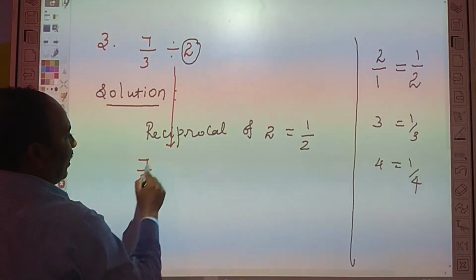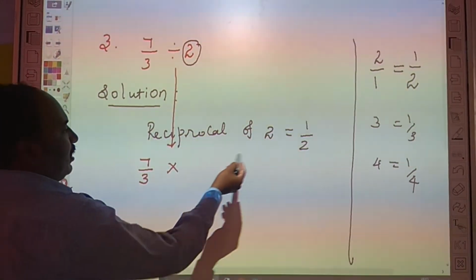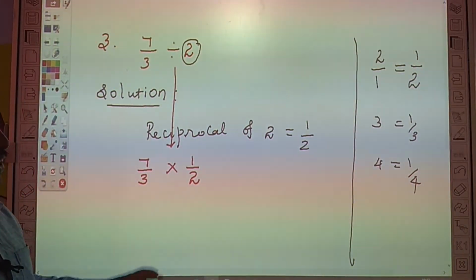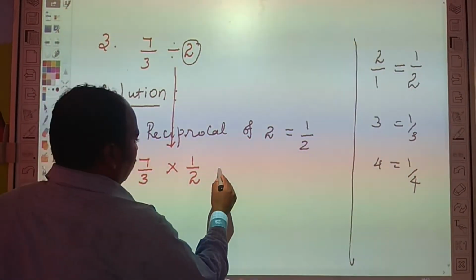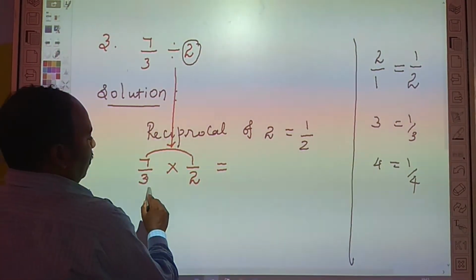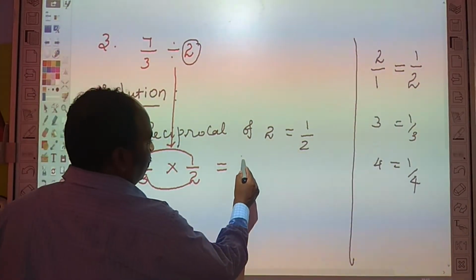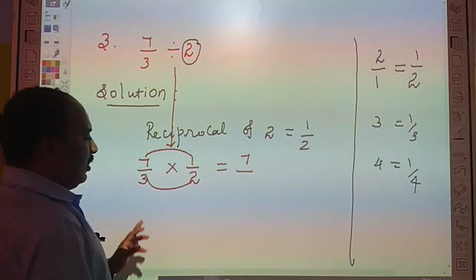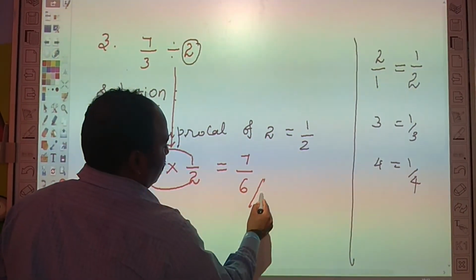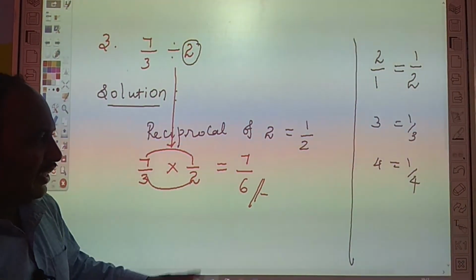So division converts to multiplication, and then multiply by 1/2, that means the reciprocal of 2. Numerator into numerator, denominator into denominator. 7 into 1 is equal to 7. Then 3 2s are 6. So our answer is 7 by 6.